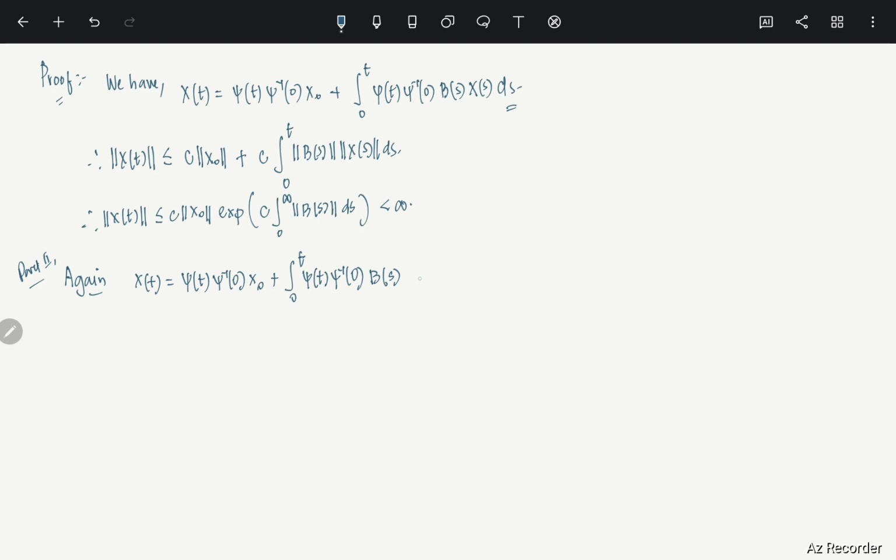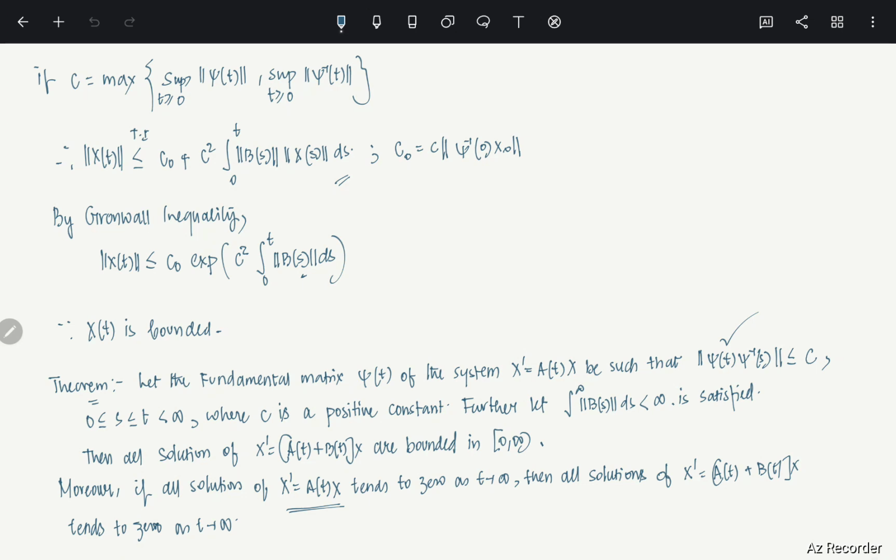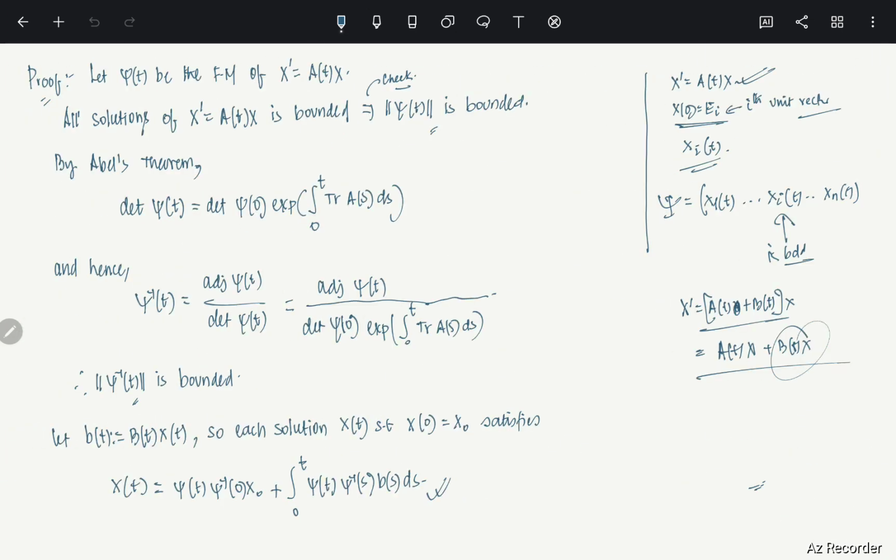I am making some mistake somewhere, no? One second. Formula, yeah, this is phi inverse of s.